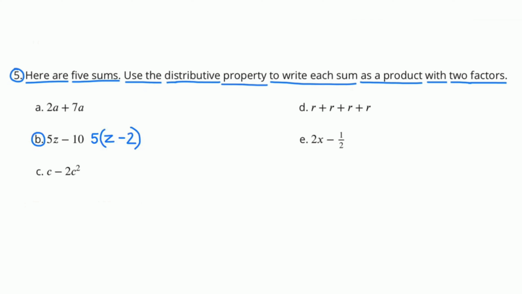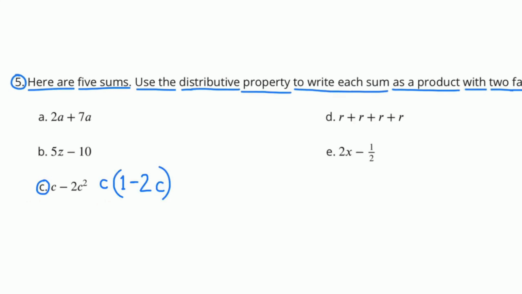B. 5z minus 10. The common factor here would be 5, so I'm going to pull the 5 out and have it on the outside of the parentheses. 5 times z minus 2, because 5 times z equals 5z, and 5 times 2 equals 10, or 5 times minus 2 equals minus 10.